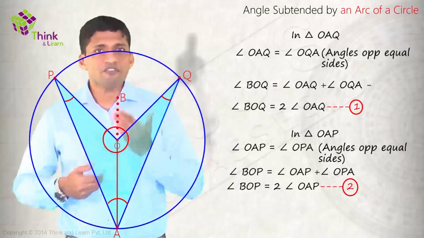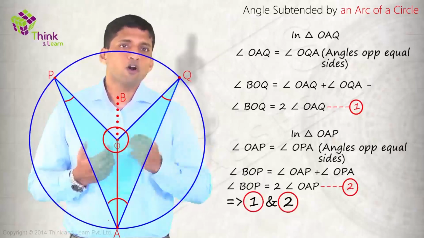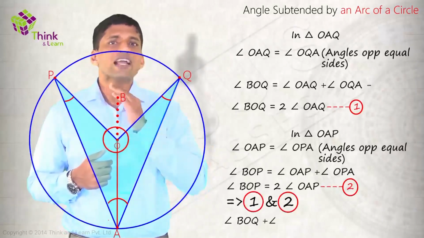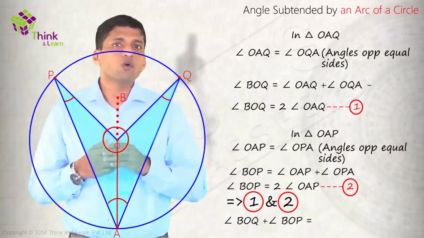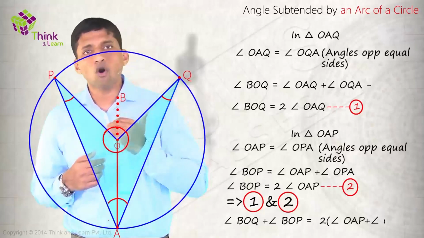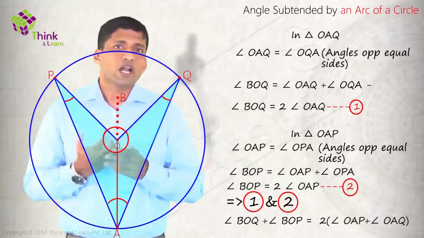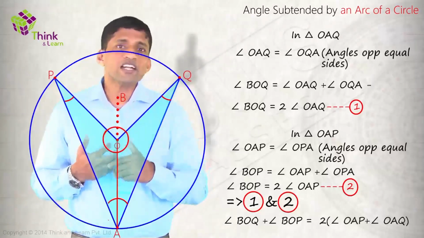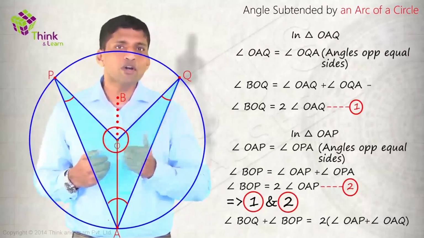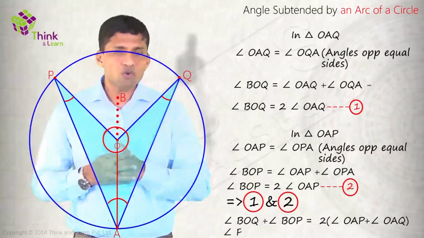Now if I take sum of first statement and second statement, what I'll get is angle BOQ plus angle BOP equals 2 times angle OAP plus angle OAQ. Now this in turn can be written as sum of these two angles, that is BOP and BOQ, is nothing but angle POQ.